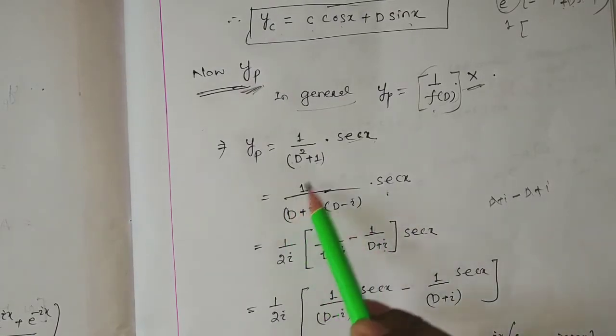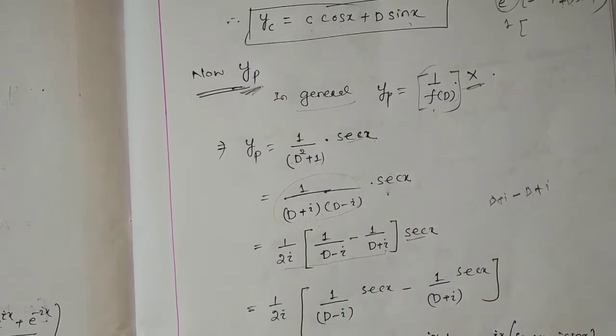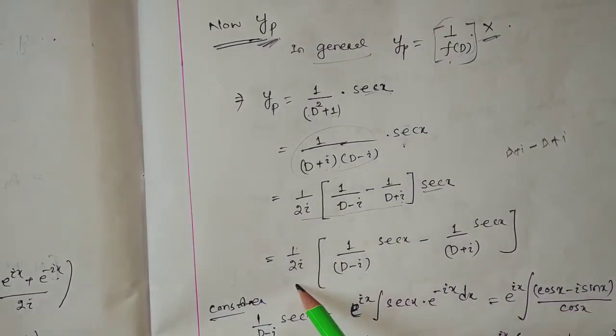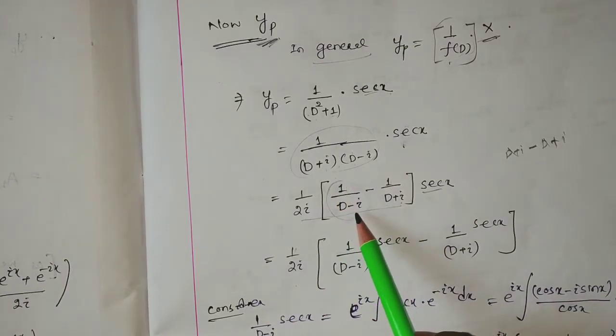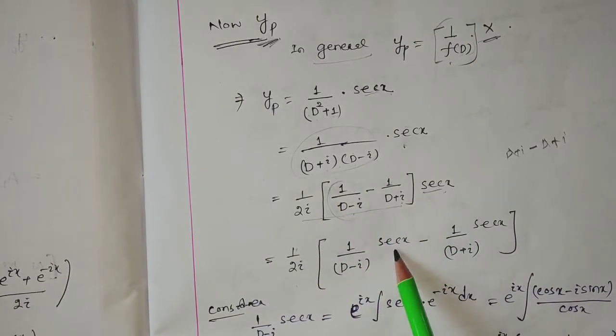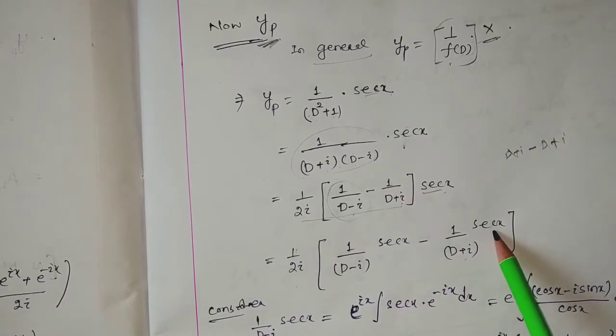So by using partial fraction, this can be written like this into sec x. So 1 by 2i is here, 1 by (D minus i) is operated on sec x, minus 1 by (D plus i) operated on sec x.